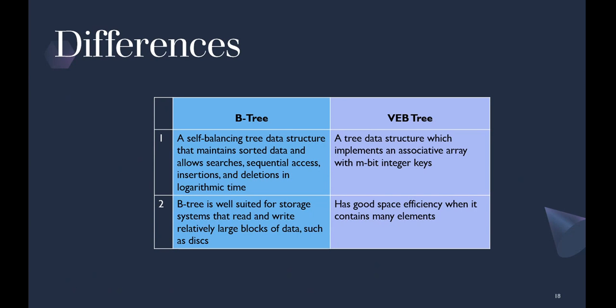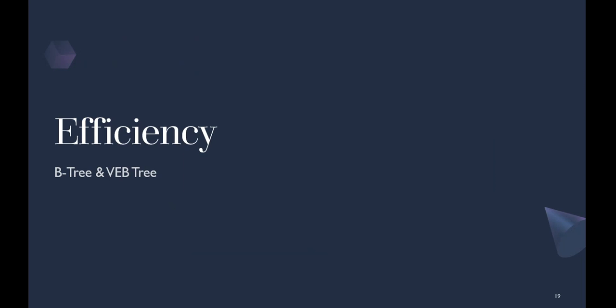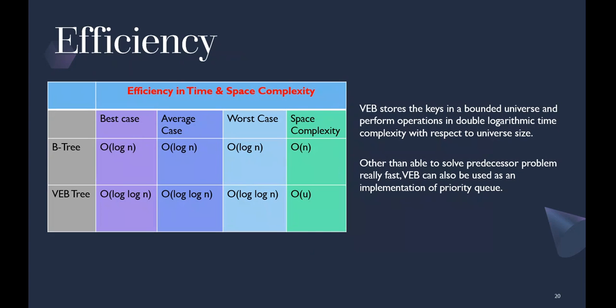Second, B-tree is well suited for storage systems that read and write relatively large blocks of data, and VEB tree has good space efficiency when it contains many elements, as it is a very complex data structure.